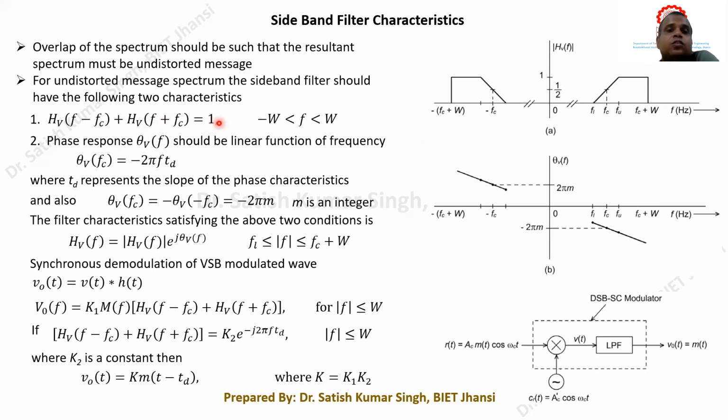It should not be some other filter. Only if it is a rectangular low pass filter will this filter be able to generate a VSBSC signal that can be easily demodulated by synchronous demodulation.